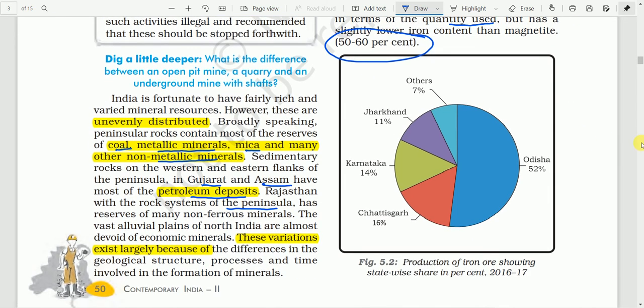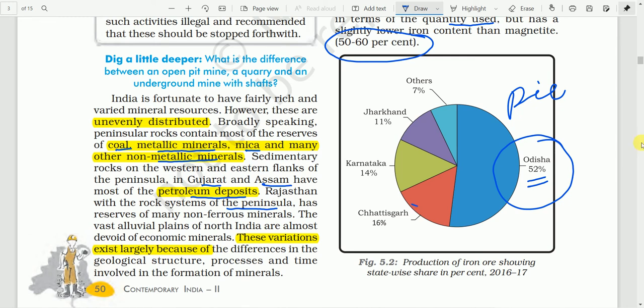And see, this pie diagram shows the state-wise production of iron ore. From this pie diagram, you will see that Orissa is the largest producer of iron ore. 52% of the total iron ore production in India is shared by Orissa in the year 2016-17.